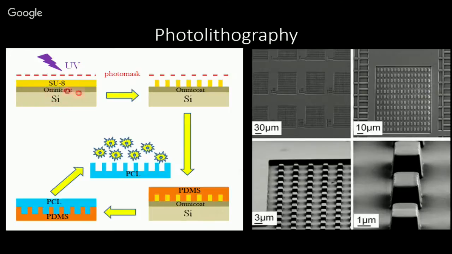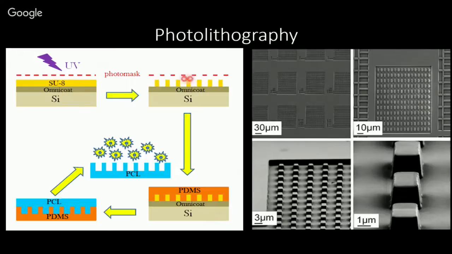Sometimes you put this temporary coating, it's Omnicoat, but eventually you end up with this SU8, which is a photoresist. It's a polymer that gets polymerized by ultraviolet light. Depending on whether it's a negative or positive photoresist, it can either be polymerized or depolymerized using ultraviolet light.